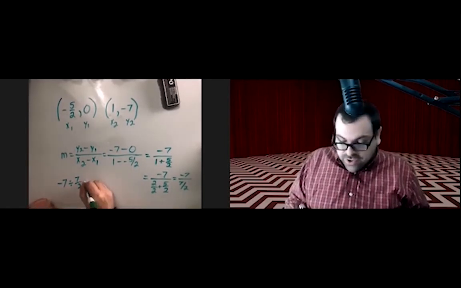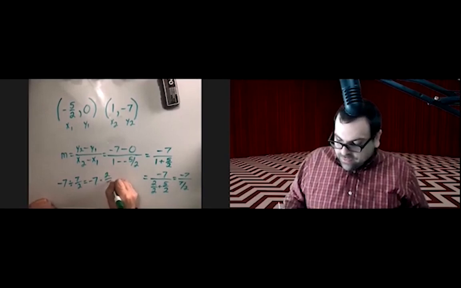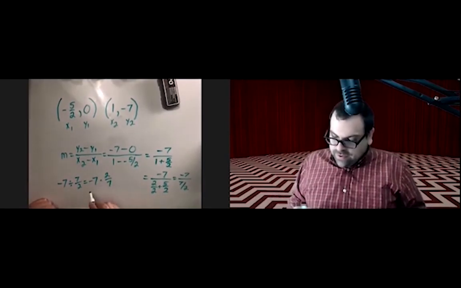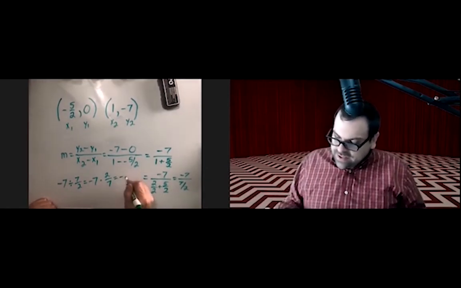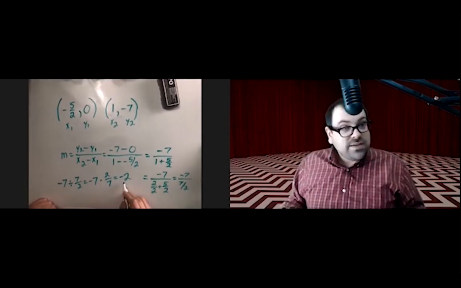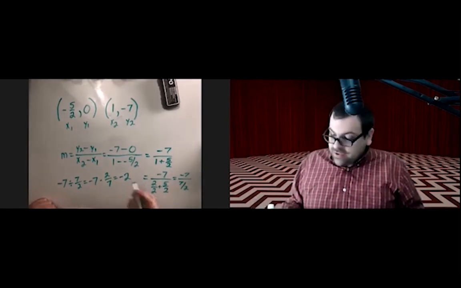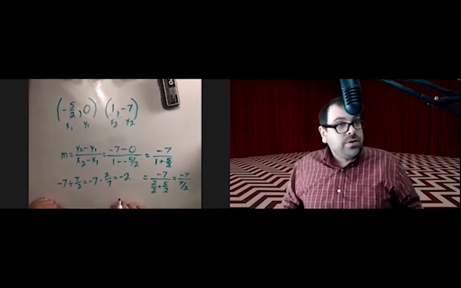Dividing by a fraction is multiplying by the reciprocal. -14 divided by 7 is -2. Negative times positive gives us that negative. So all of that math just works out to -2.